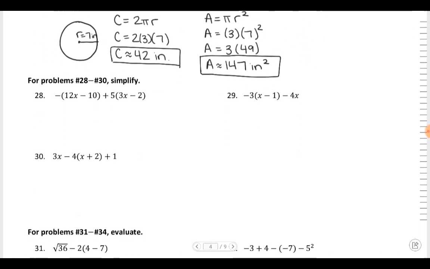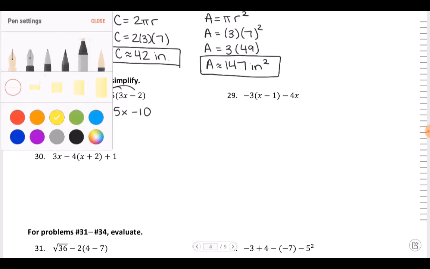There we go. All right, number 28 says, for problems 28 through 30, simplify. So I do have a negative to distribute here. So I'll start with that, negative 12x, positive 10. And then over here, I'm going to distribute that 5, so I get 15x and then minus 10. So I need to look for some like terms.